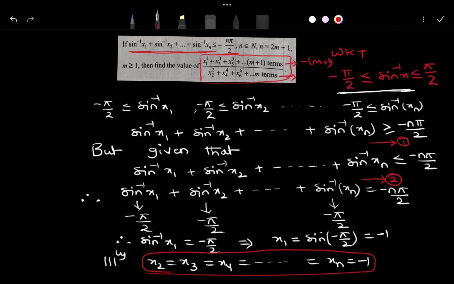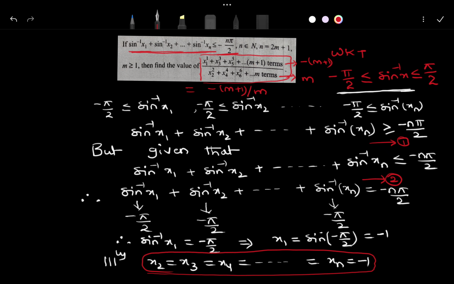So minus 1 becomes positive in each term. How many terms are there? m terms. So 1 will be added m times, and this answer will be equal to m. So totally your answer to this one will be minus of m plus 1 whole divided by m. So your answer will be this one.